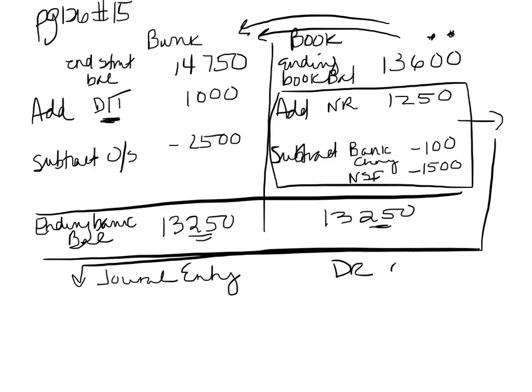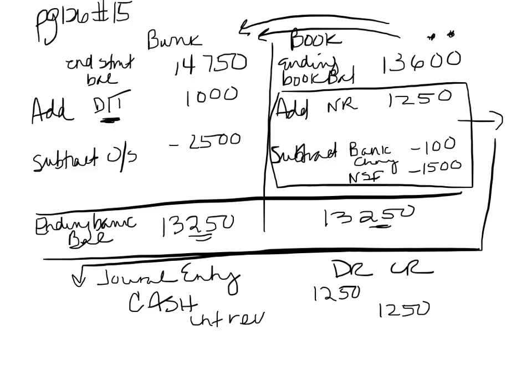I'm going to have a debit and a credit. So I do the adds first because that's easy. I'm going to debit cash for $1,250, and then my credit in this particular case, they said it was for interest, so it would be interest revenue or interest income for $1,250. It could be notes receivable, it could be accounts receivable, depending on the details that they give you.